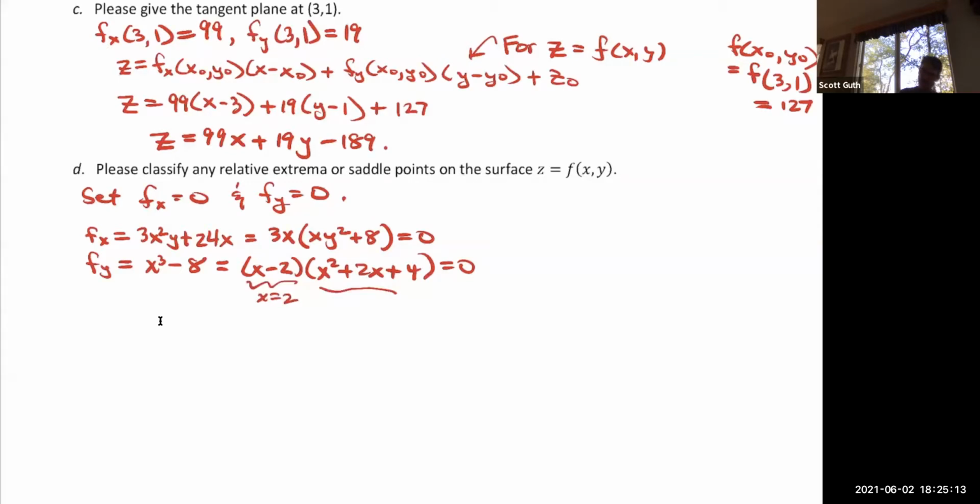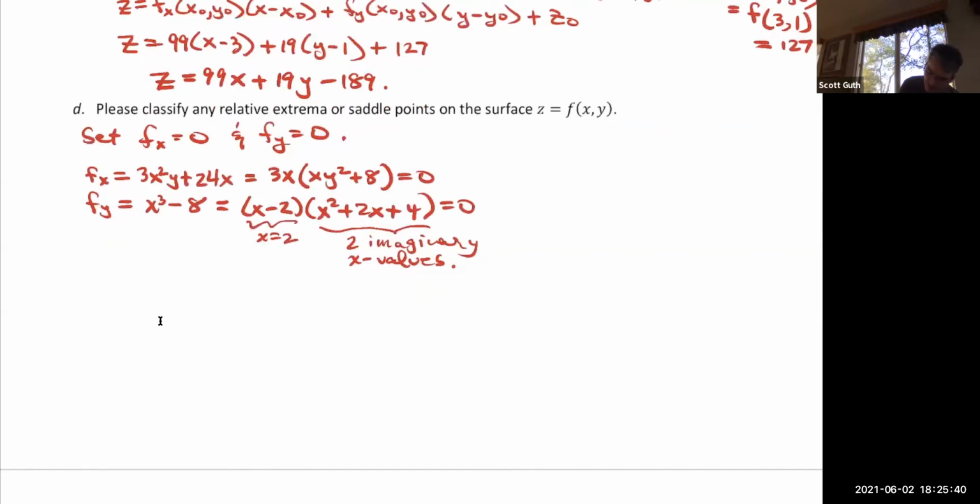There are 2 imaginary solutions from the second one, and we're not interested in those. Any questions? You can set that equal to 0 and you'll have to use the quadratic formula and it'll be imaginary. Okay, so x equals 2.